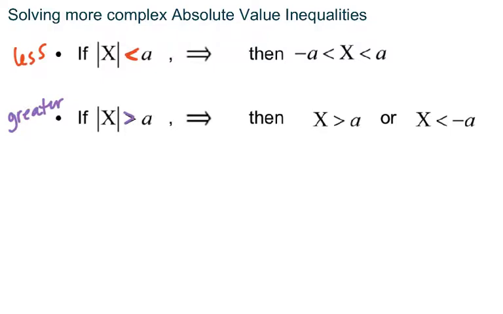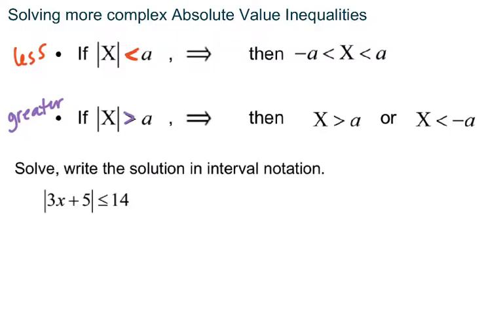Let's do an example. The first example, we're going to solve the absolute value inequality, and we're going to make sure that we write our solution using interval notation. You'll notice here we have the absolute value of 3x plus 5 is less than or equal to 14. So this is a less than situation.